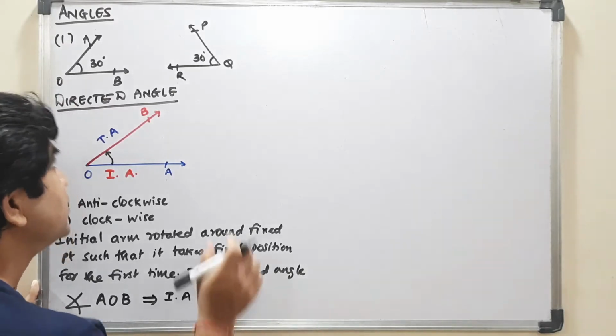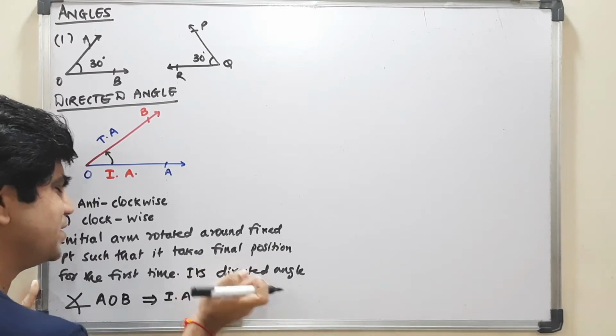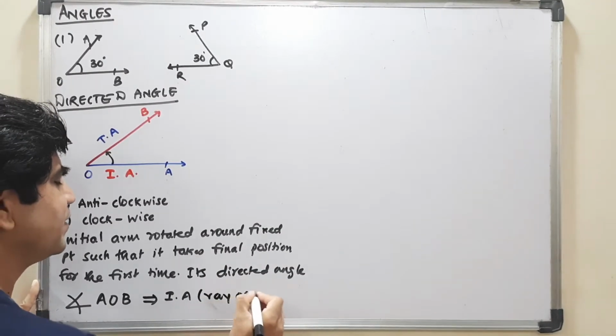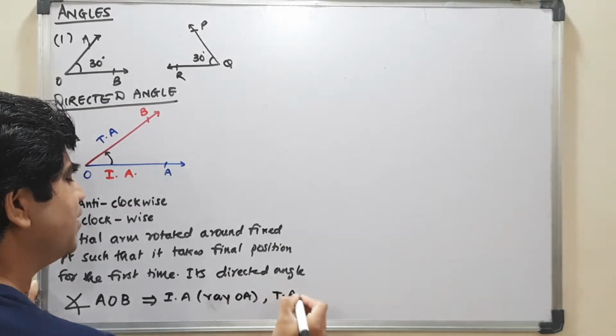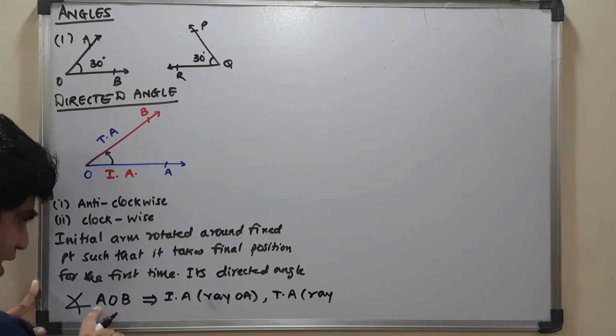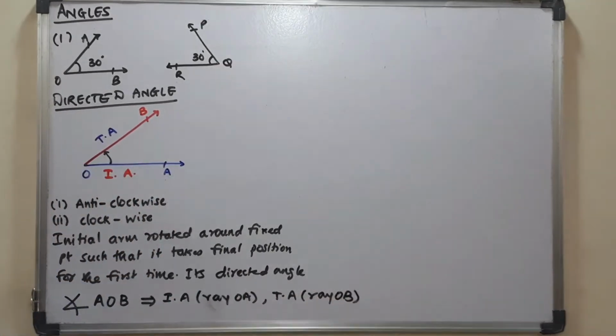I write it completely, in no symbolic form. The initial arm is your ray OA and the terminal arm, your final arm, is your ray OB. OA and OB. Okay, so this is a directed angle.